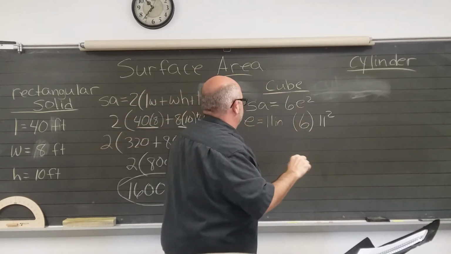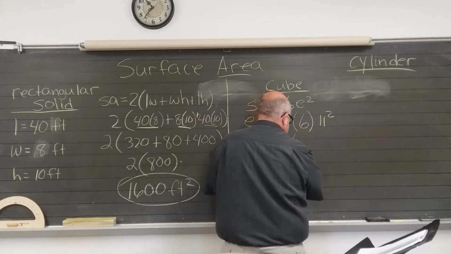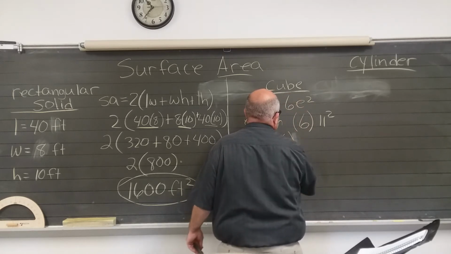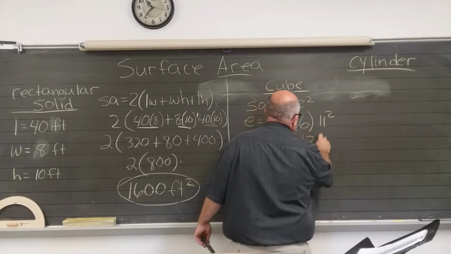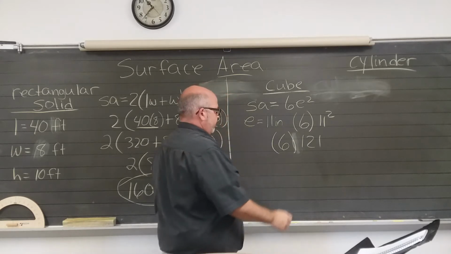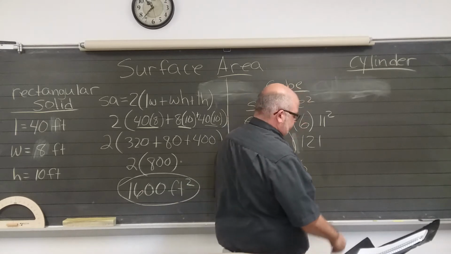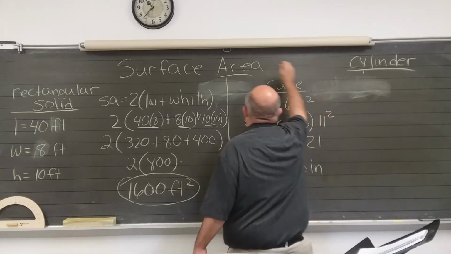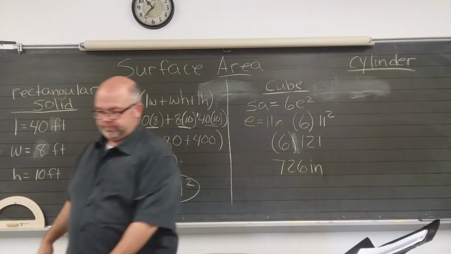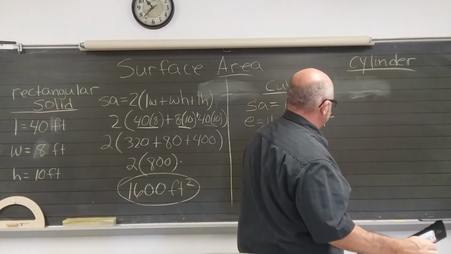So this is 6 times, oops, put the 6 in parentheses, doesn't really matter which one. 6 times 11 times 11 is 121. 121 times 6 is what? 726 inches. Area means little squares, inch squared. All right?